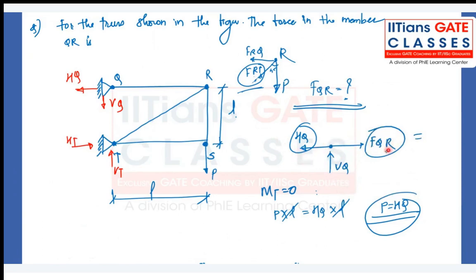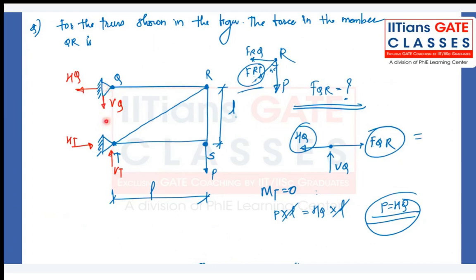How will you find HQ? HQ is the horizontal reaction at point Q. So if you take the moment about joint T and equate it to 0 according to the equation of equilibrium, then you will get the value of HQ, because VQ will not create moment since both are on the same line.